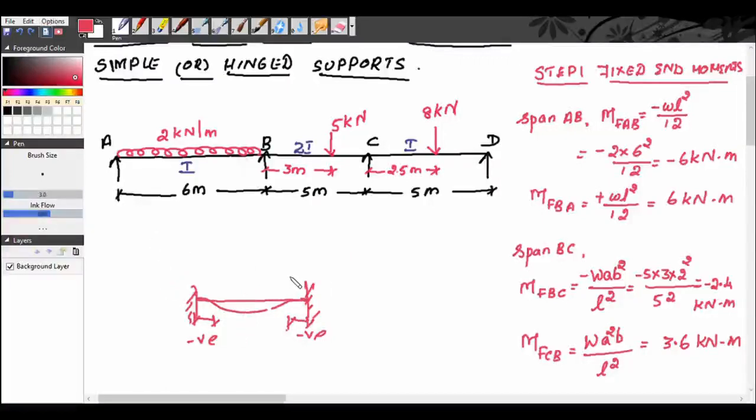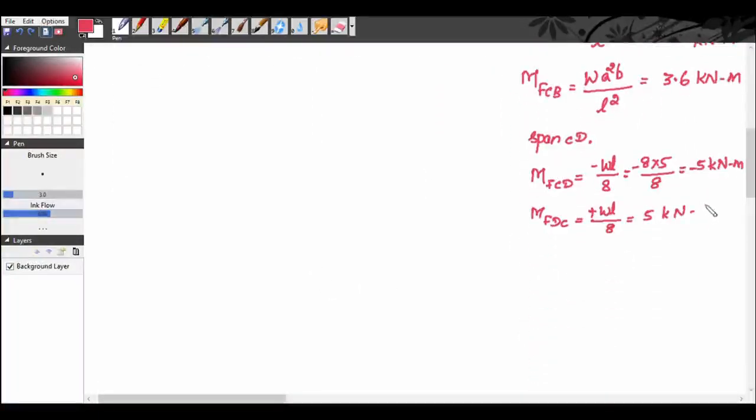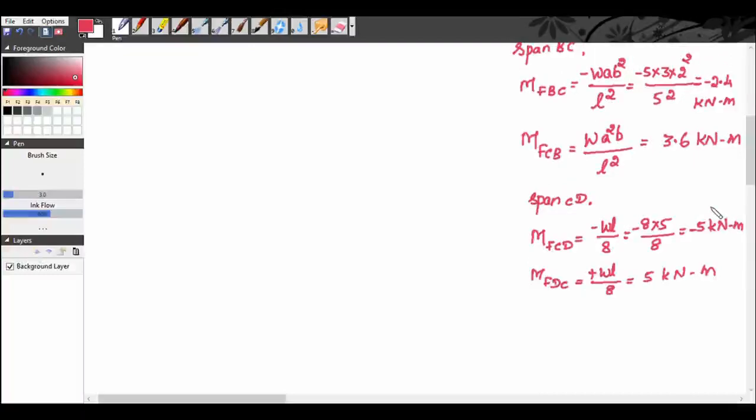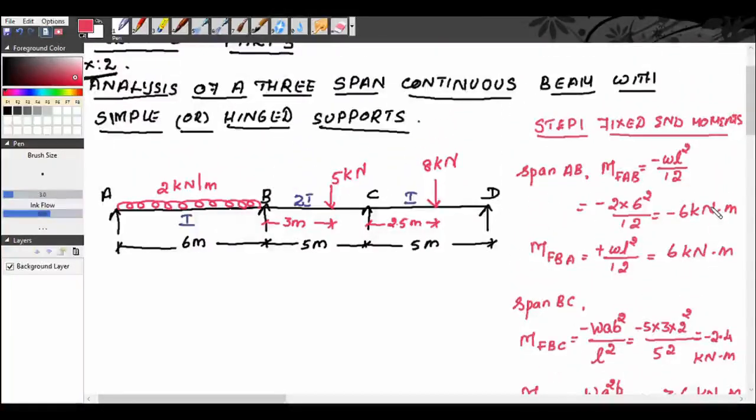Now we will move on to our second step. The second step is determination of distribution factor. The moment distribution method depends on the distribution factor. So how will we find the distribution factor?